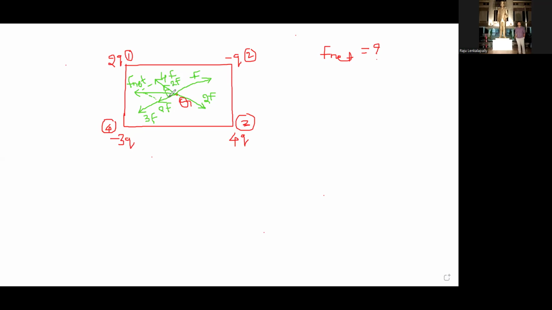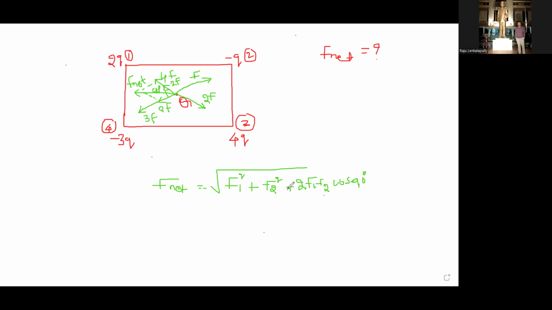Here the angle is 90. So net force equals the square root of F1 square plus F2 square plus 2 F1 F2 cos 90.